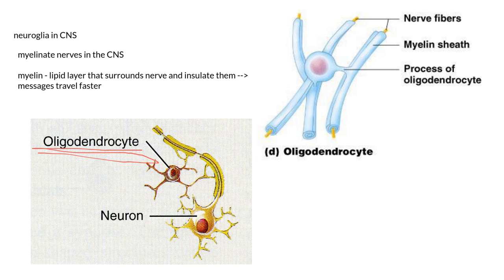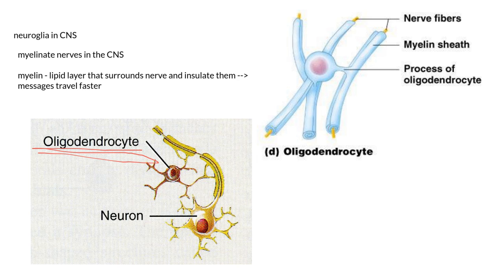But right now, all I really need you to get is that this oligodendrocyte is going to help myelinate the nerves in the central nervous system. So it's going to create this myelin sheath that is this lipid layer that will surround the nerve and insulate it. And again, that's going to help the message travel faster. We're also going to have myelinated nerves in the peripheral nervous system that are formed by a different cell.